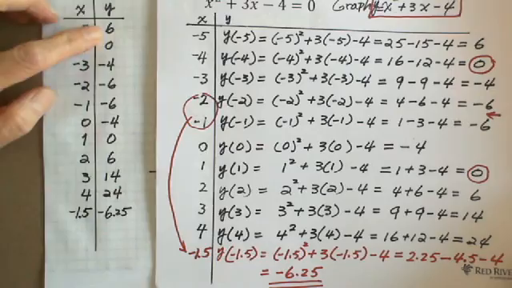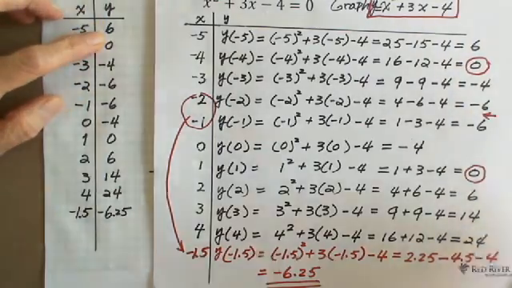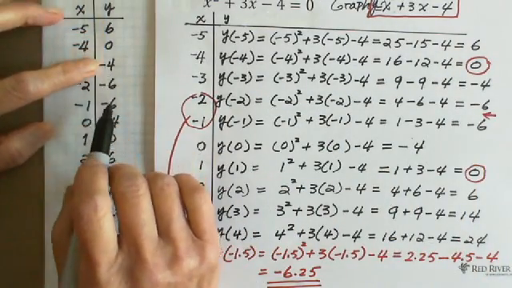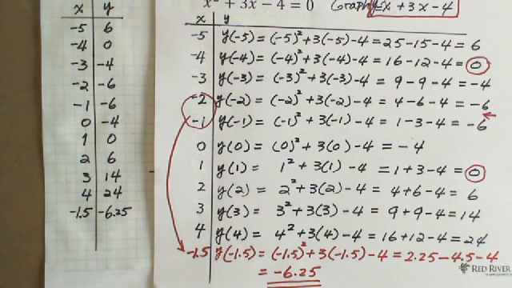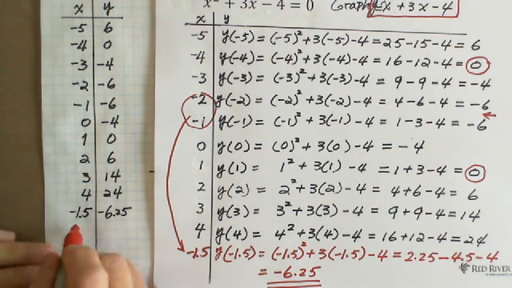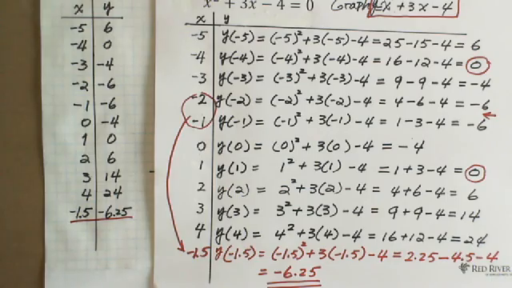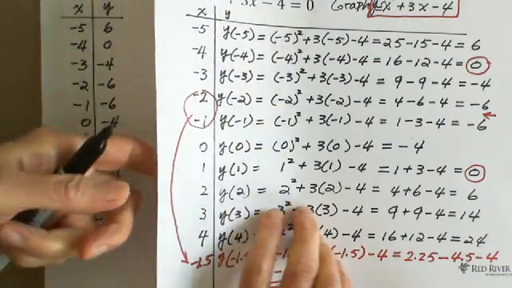I already put the x values and y values copied on this table, so that it's easy for us. This one, 6.25, here, easy for us to graph, right?